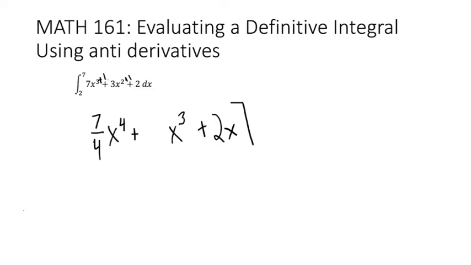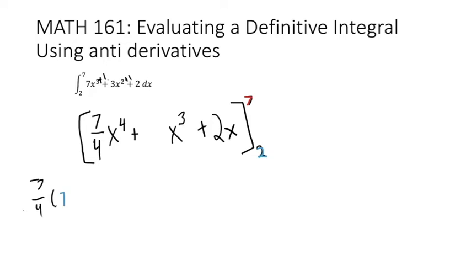And now we need to account for those bounds from 2 to 7. So now we're going to plug in the 7 into all of these. We'll do different colors. We'll make it fancy. And now you can see where they're at.